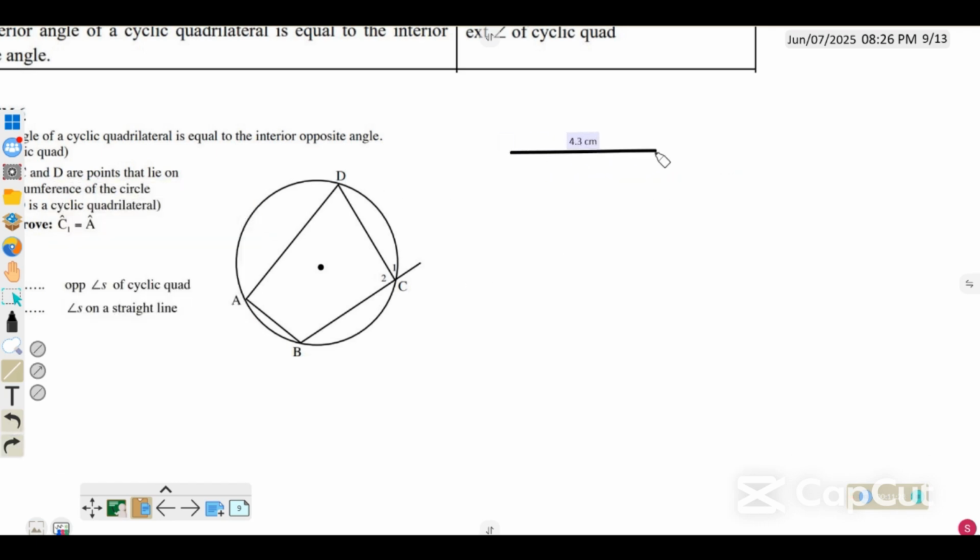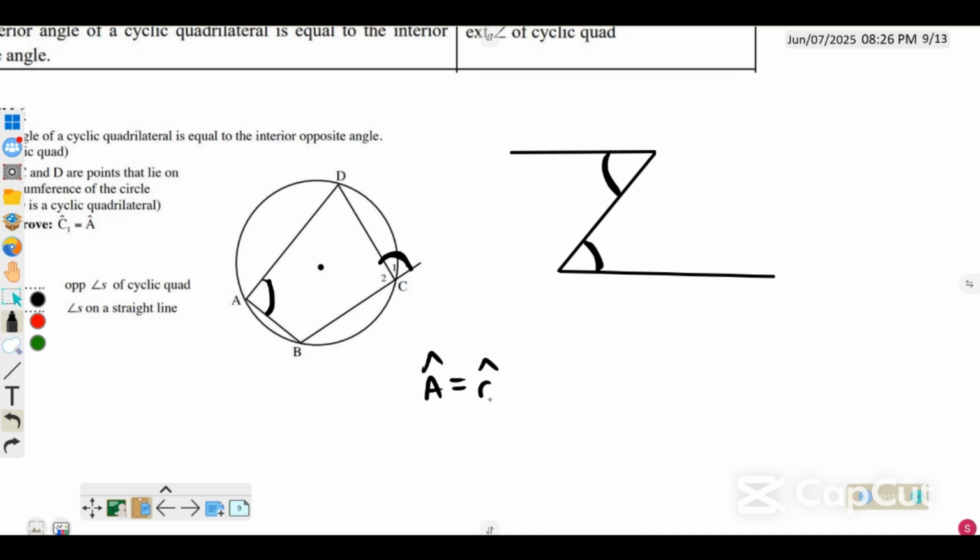Remember when we were doing geometry is fun, we used to have the Z shape, whereby we would say that this angle is equal to that interior angle. But the cyclic quadrilateral says interior opposite, which means this angle right here, if we had parallel lines, was going to be equal to that. But it says interior opposite. This is the interior opposite. So angle A will be equal to angle C1.